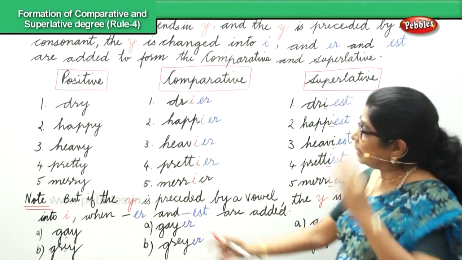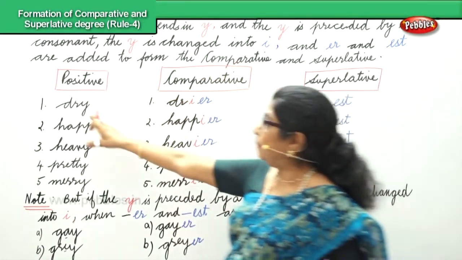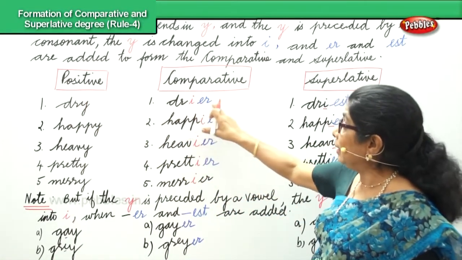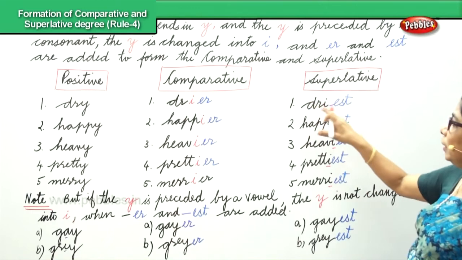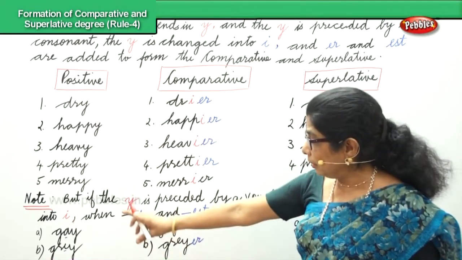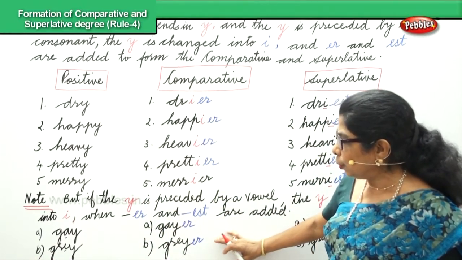Rule number 4 says when the positive ends in Y preceded by a consonant, then the Y is changed to I, add ER to form the comparative, Y is changed into I, add EST to form the superlative. But in the note, there is a little special thing that we need to note.